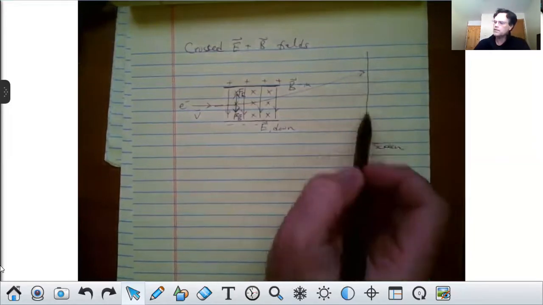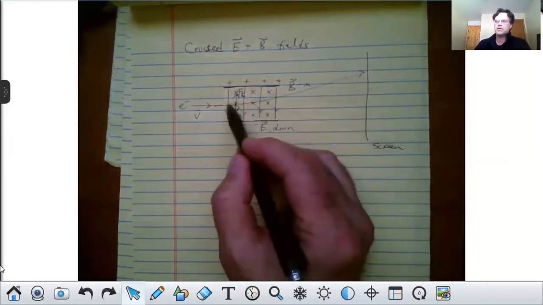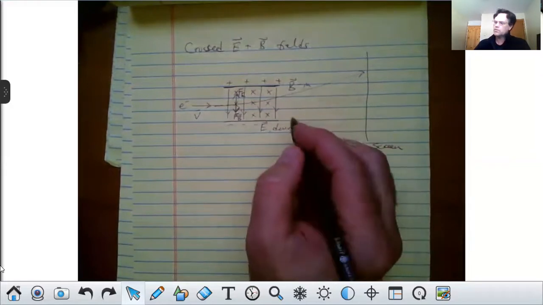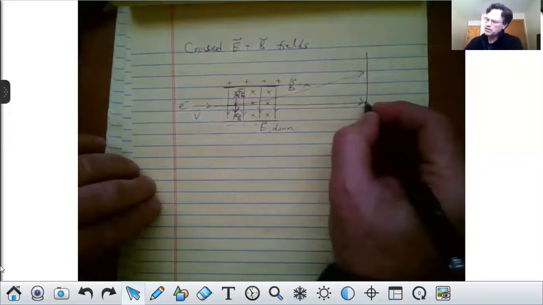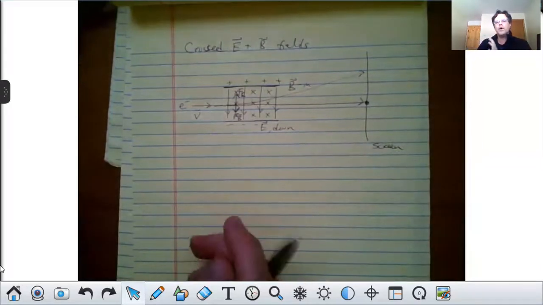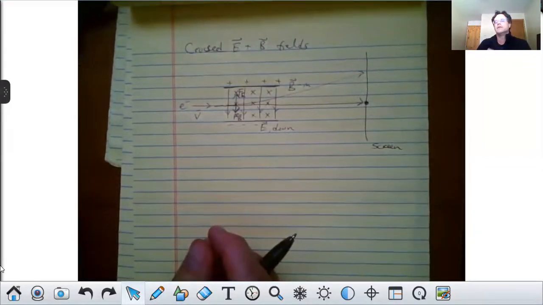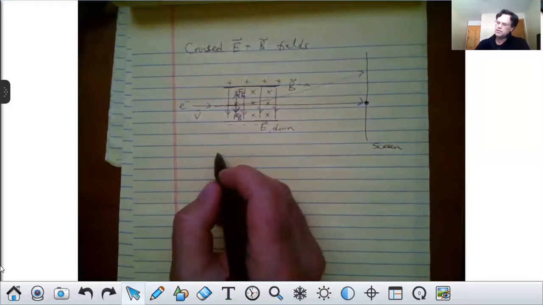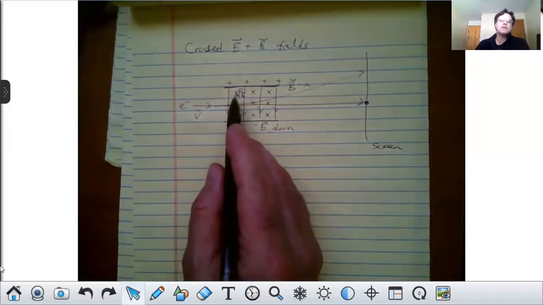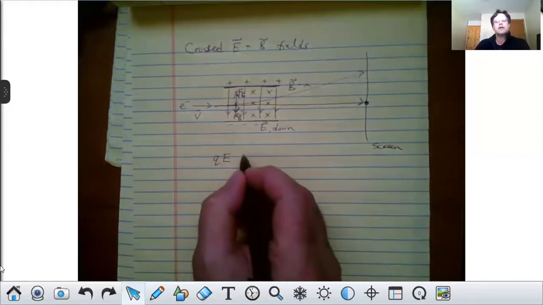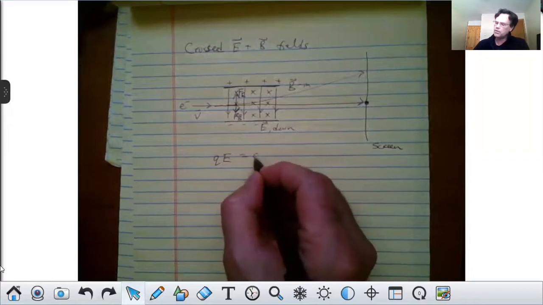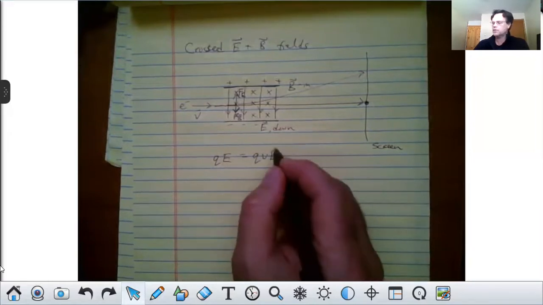But let's say you wanted to get a certain speed of electron. Where it hits is going to depend on how fast the electron's going too. So say you wanted an electron to come directly through and hit right in the center over here. What speed would it have? Well, let's look at our forces. We've got a positive upward qE electric force, and we have a negative or downward qvB magnetic force.